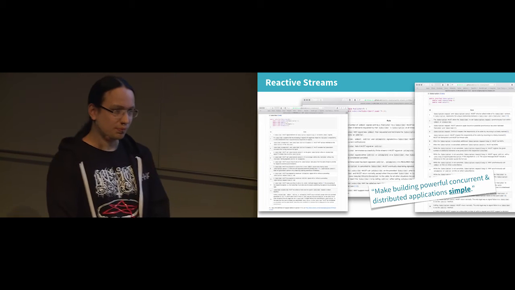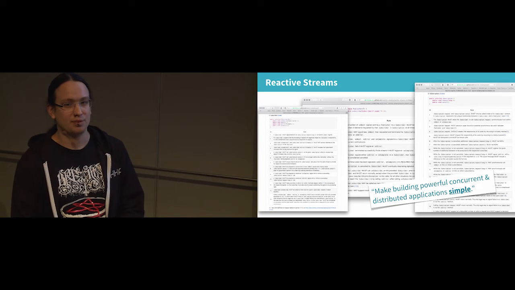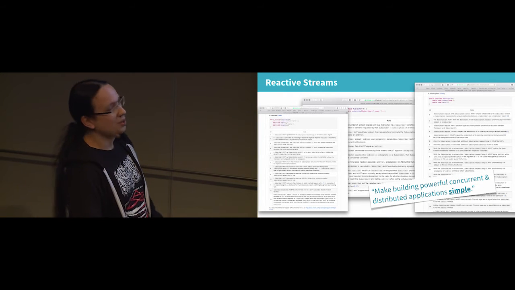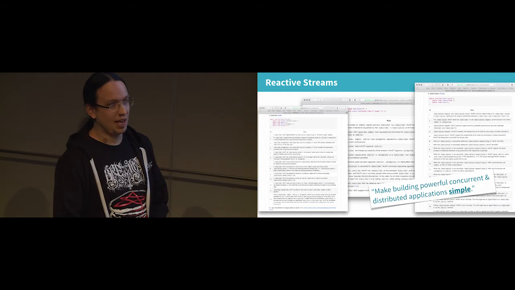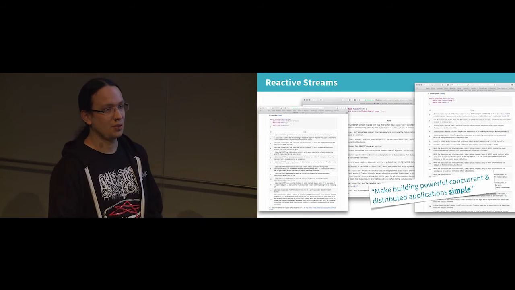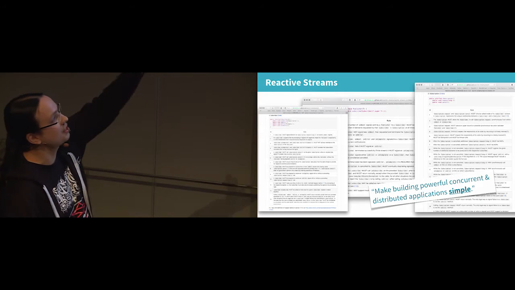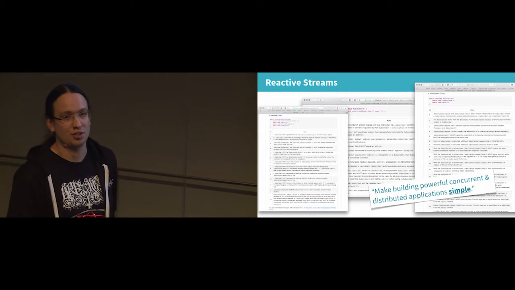Thing is, though, that when we started building this, we realized that you, as an end user of these streams, don't want to implement this yourself, because this is the set of rules in the specification that you must fulfill.